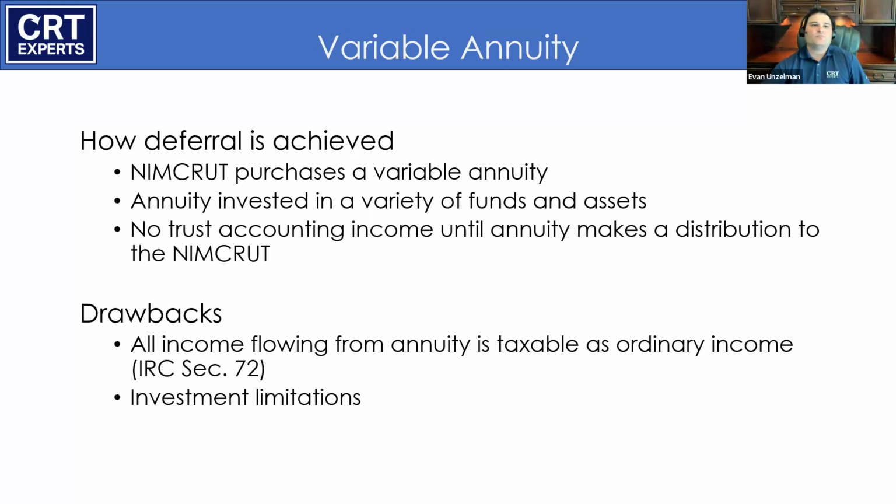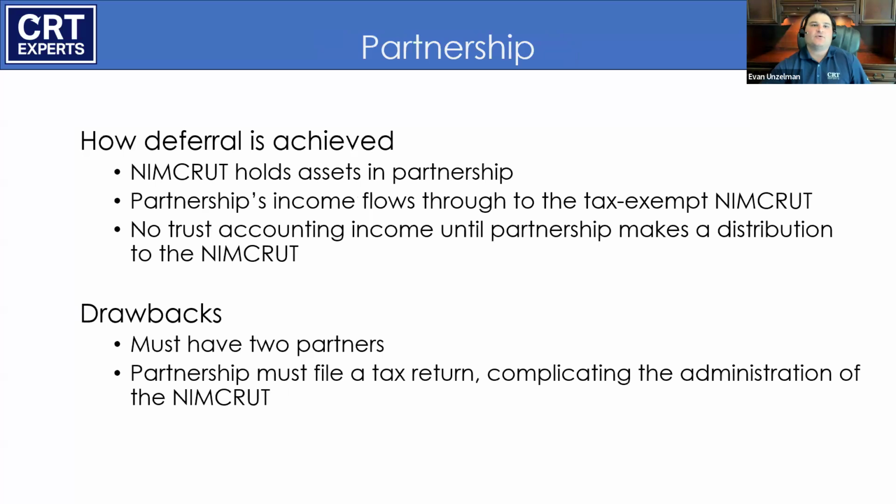So to get around that taxation drawback, the ordinary income drawback, in many cases the NIMCRUT will hold its assets in a partnership. Same concept: the assets are in a partnership. The partnership can be invested, and interest, dividends, realized gain, that's all flow through, but it's a flow through to the NIMCRUT's tax exempt environment.